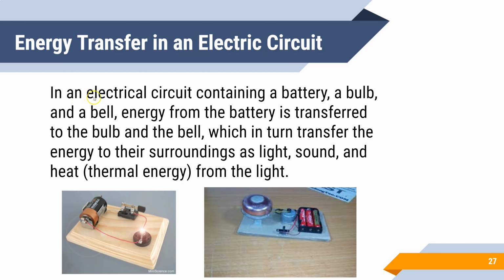So, in an electric circuit containing a battery and a bulb, the energy from the battery is transferred to the bulb, which then transfers the energy to the surroundings, such as light or sound or heat, right? Remember when I had the receivers plugged in and I would ask, how do I know that this receiver is working?